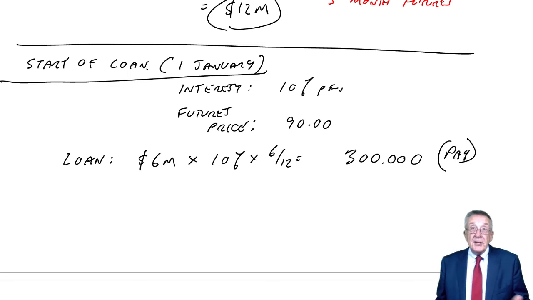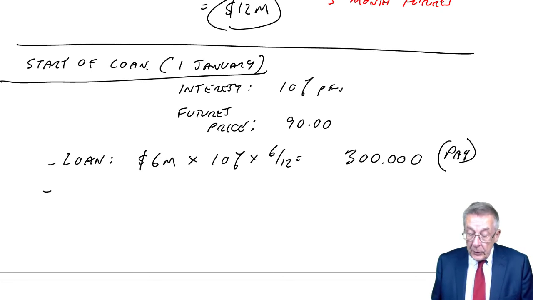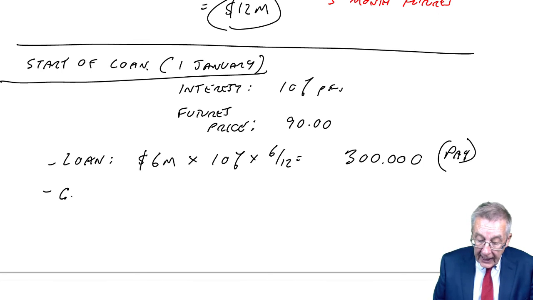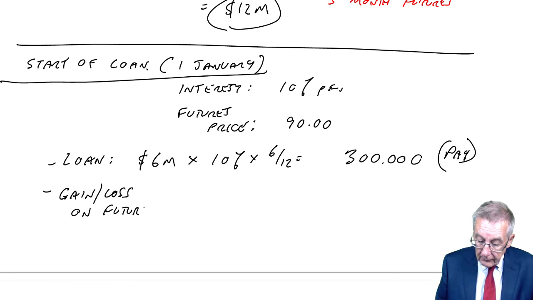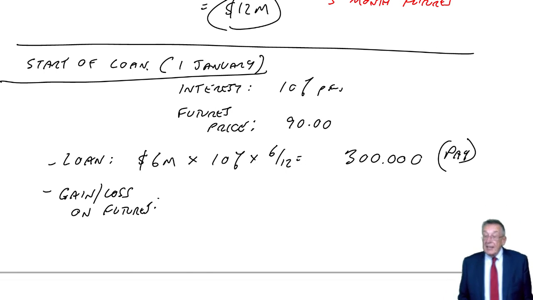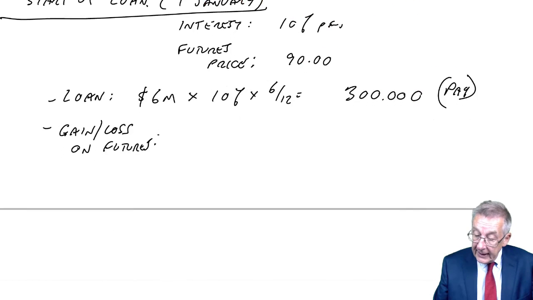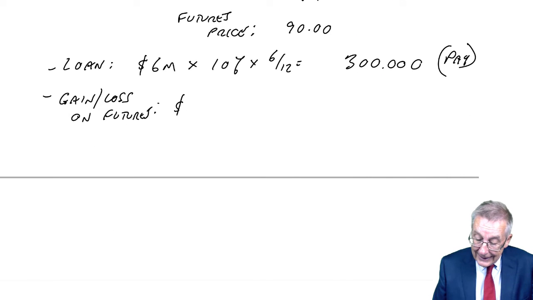So the loan is left at risk and we pay the actual interest, but we then close our futures deal and make a gain or a loss on the futures. And what will the gain or loss be? Well, we were dealing with 12 million futures.